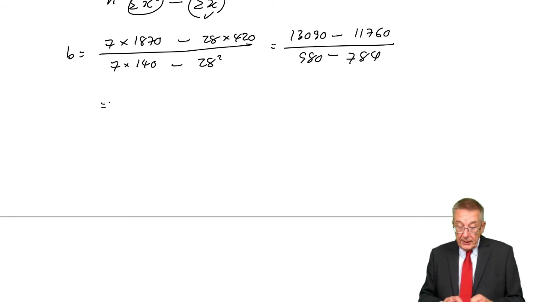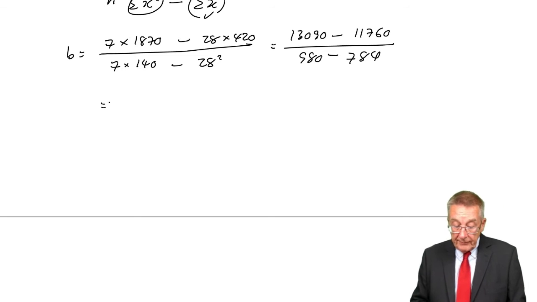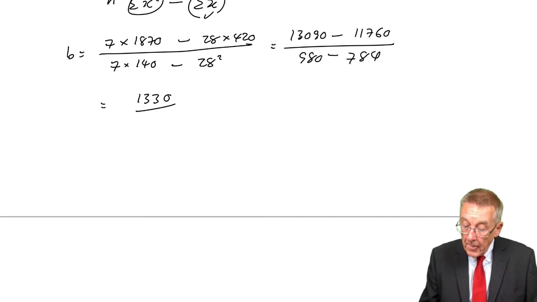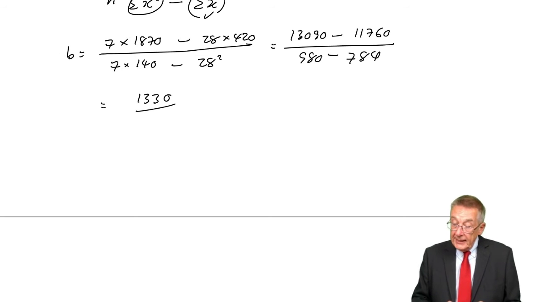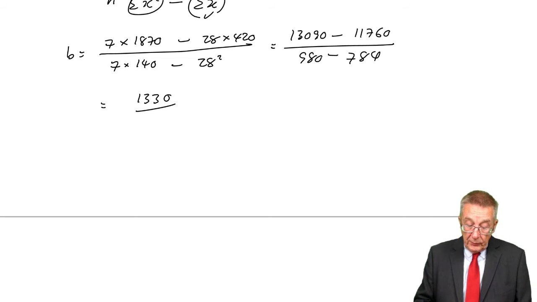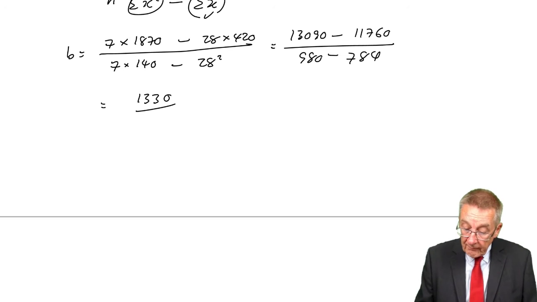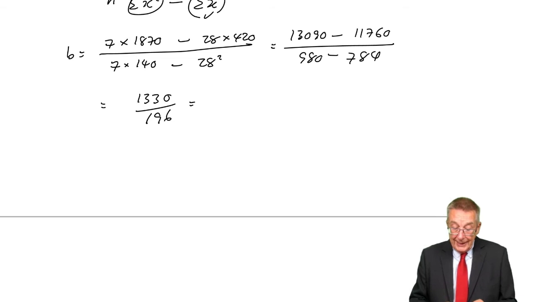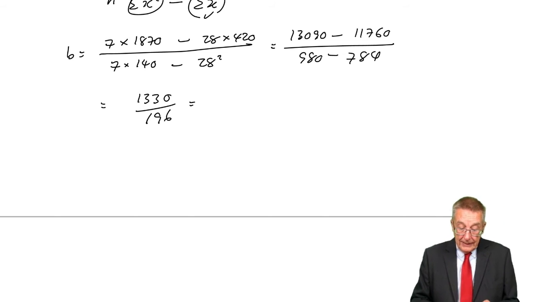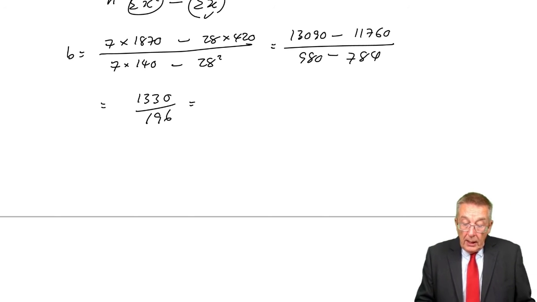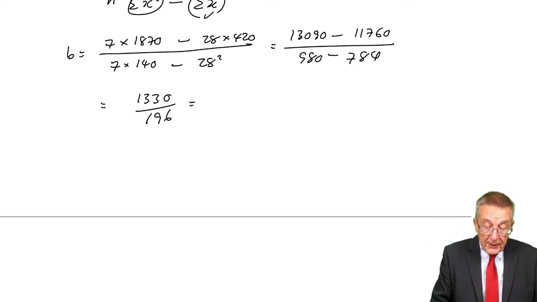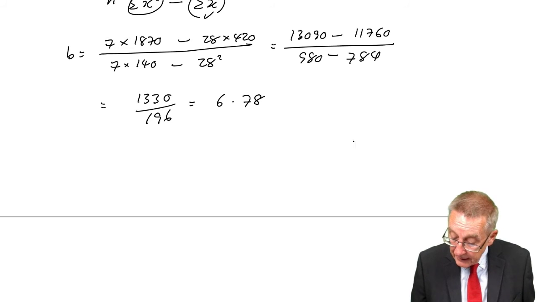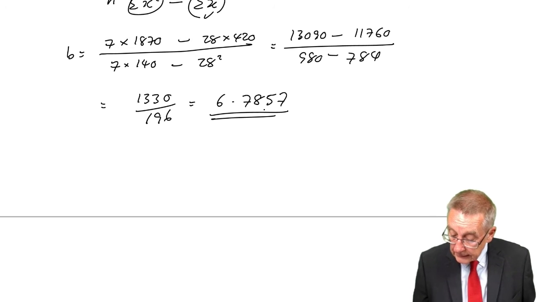The top bit, 13090 minus 11760, 1330, divided by 980 minus 784, 196, which finally gives us b equals 6.7857.